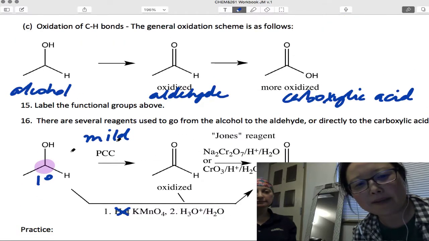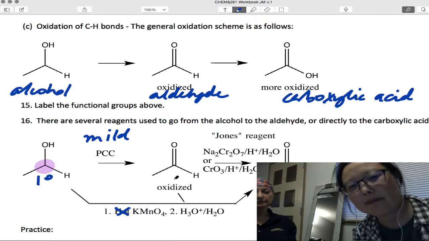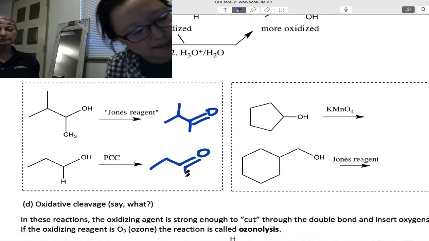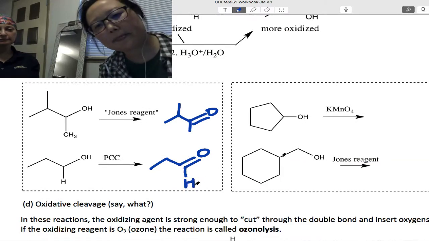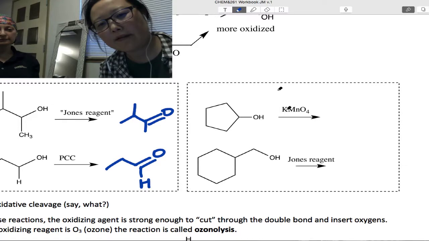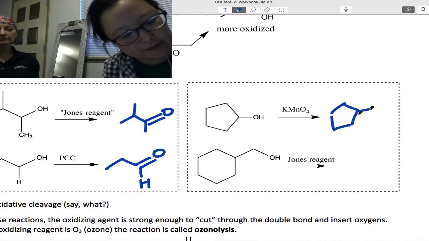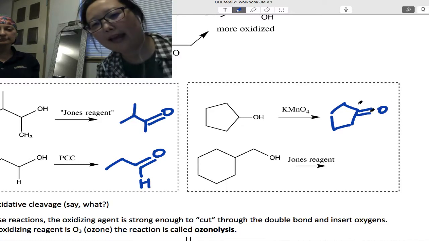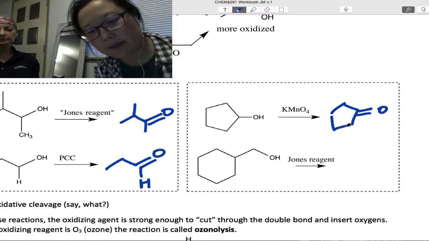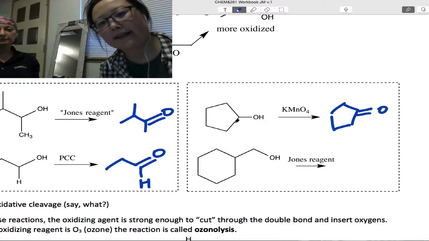And we know PCC is mild, so we keep it at the aldehyde. So I'm just going to keep this as an aldehyde. Right here, KMnO4 with an alcohol is just going to oxidize that alcohol. So I'm going to add a pi bond. And then there's no option for aldehyde or carboxylic acid. This is a secondary alcohol.